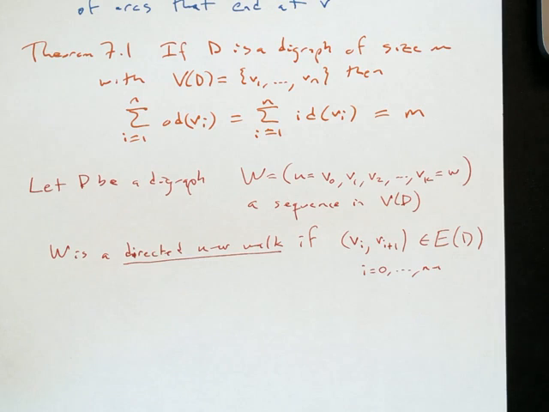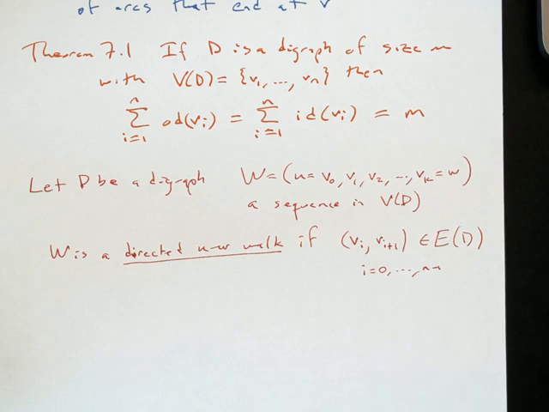The next 5 minutes are the same definitions from undirected graphs. The number of vertices, the number of arcs in a walk is called, size has a specific meaning for a graph.